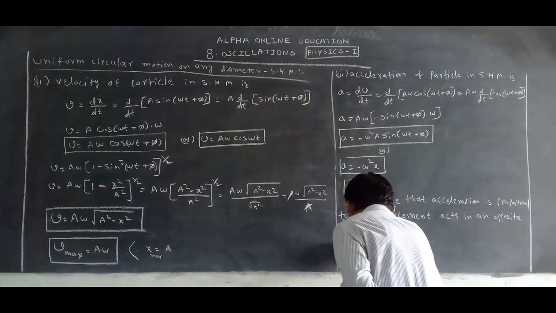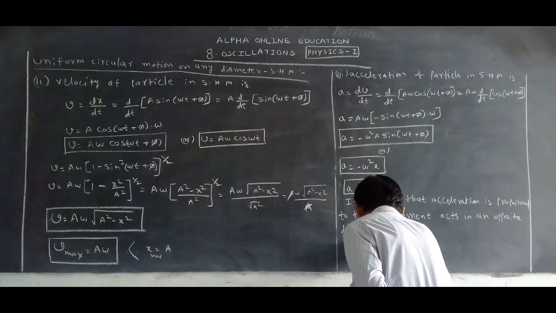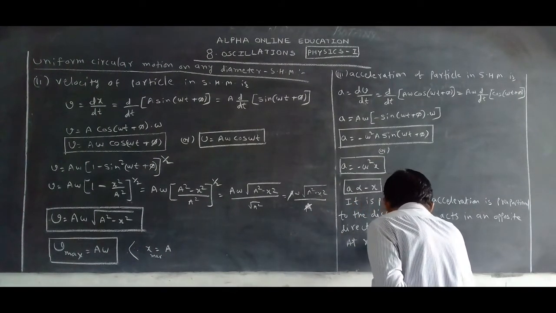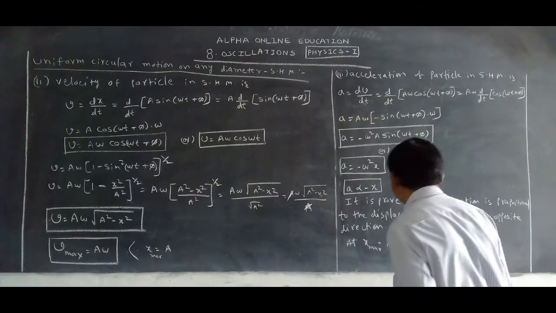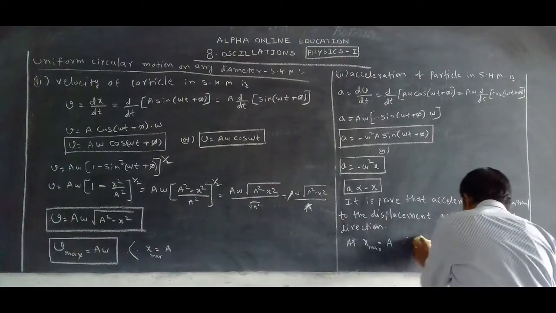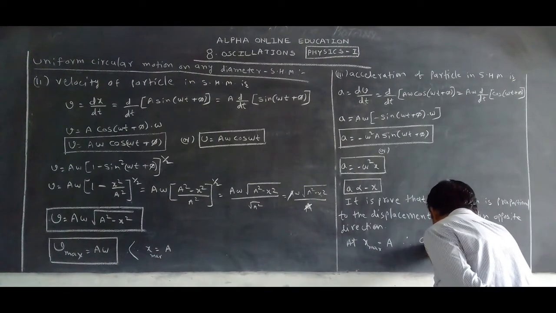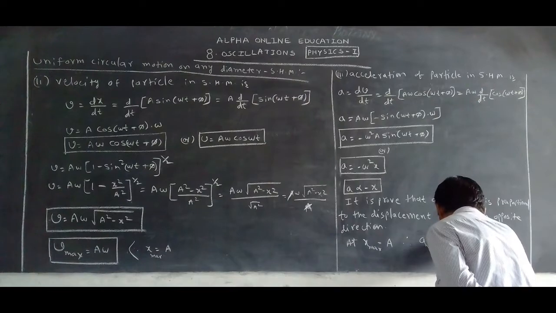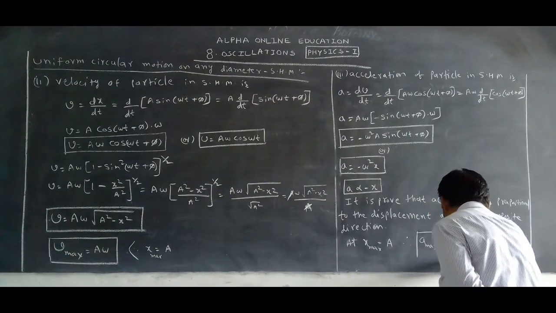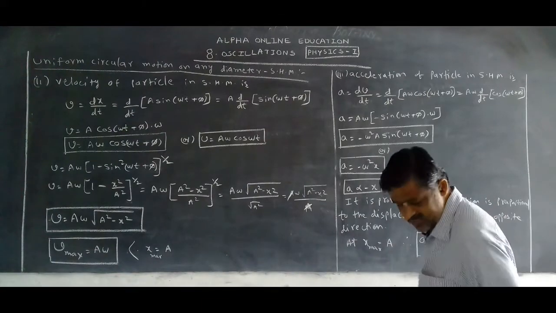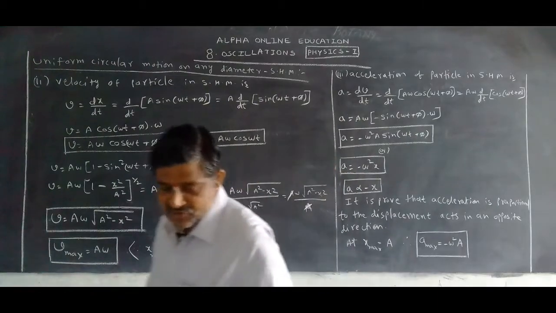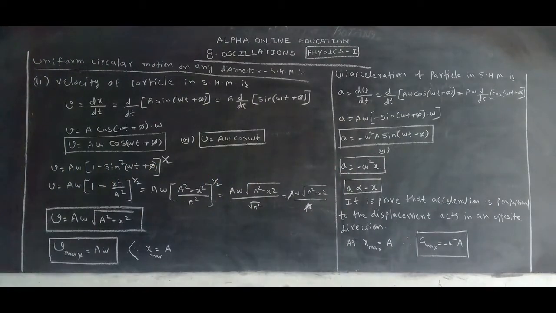Next, at x maximum equal to A, therefore A maximum is equal to minus omega square A. Okay, this is a very important question in this chapter for 8 marks.